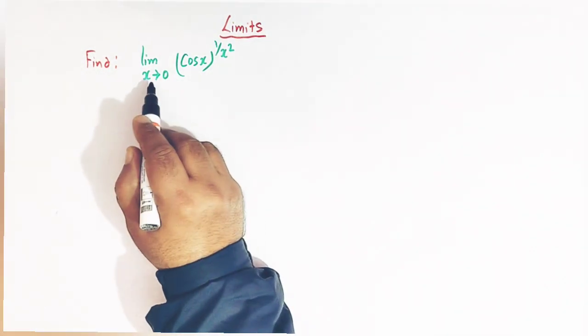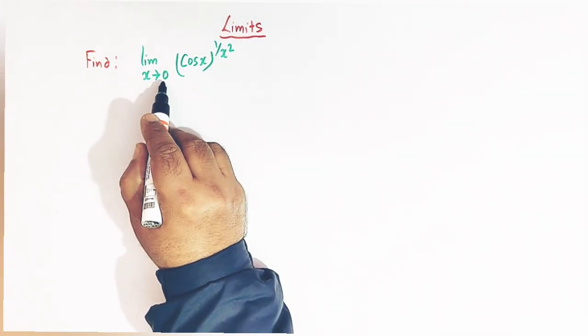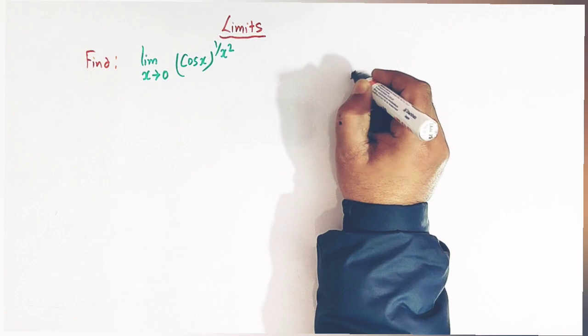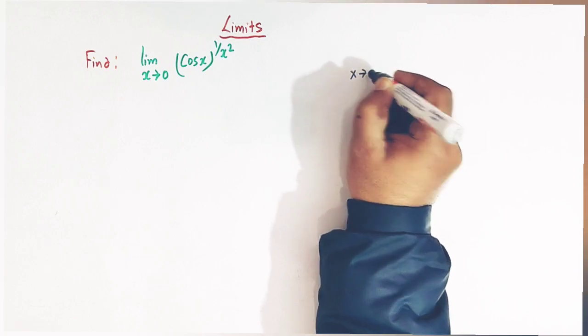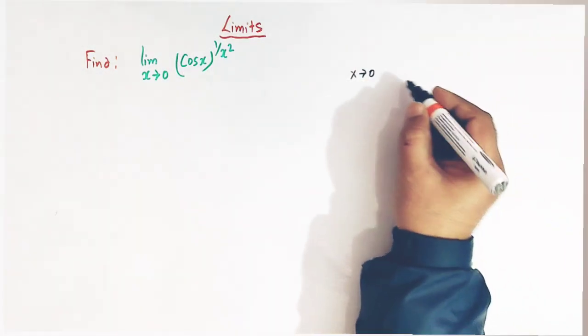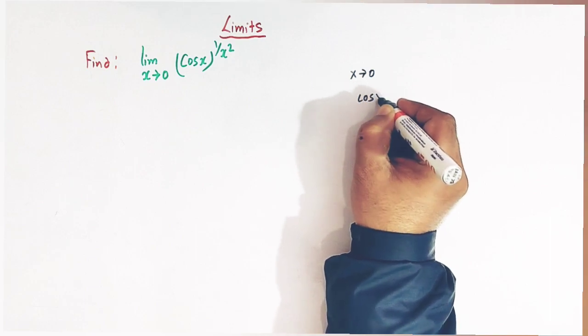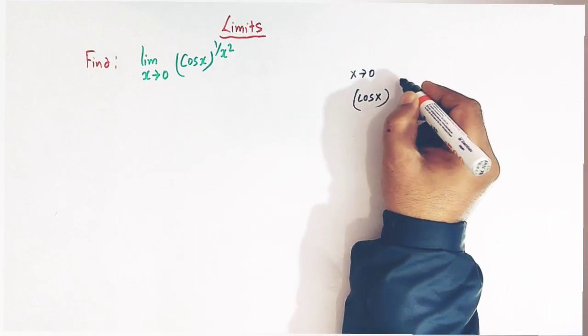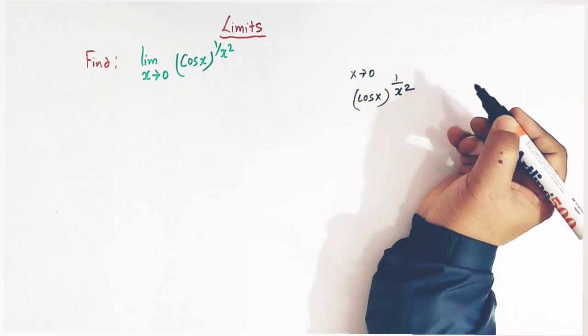So now see, here we have x tends to 0, right? So when x tends to 0, and here we have the function cos of x raised to 1 over x square, right?